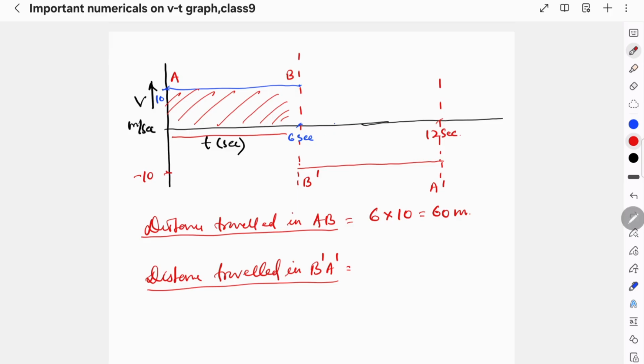So the distance traveled by the ball in this part will be the area under this rectangle. Now the time taken is same, 6 seconds into, now the velocity is in the negative direction, so it will be minus 10 here. So this becomes minus 60 meters.